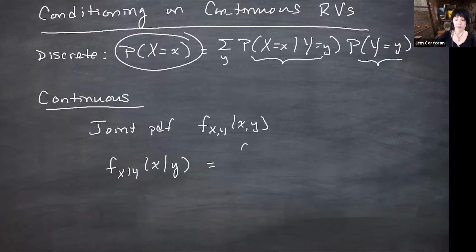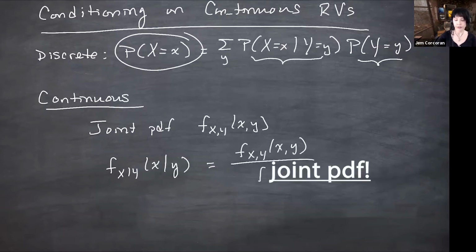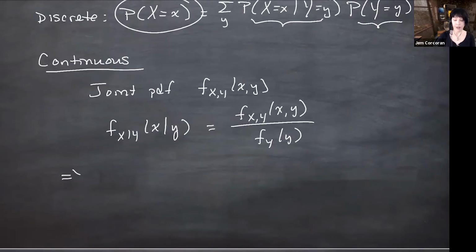It is defined to be the joint PDF over the marginal, which is why we can write the joint PDF as a conditional times a marginal.